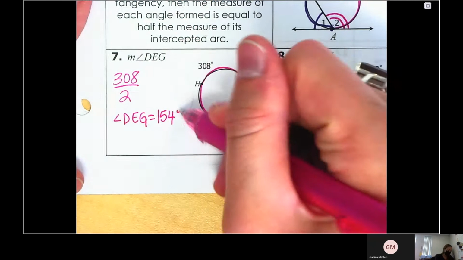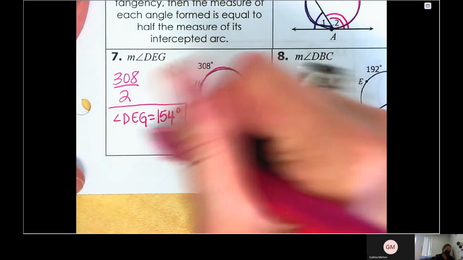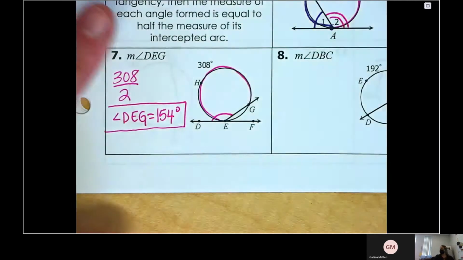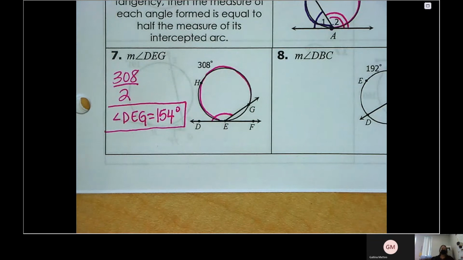Degrees. And you're done. That's it. So you take the arc and divide it by 2. Simple, right?